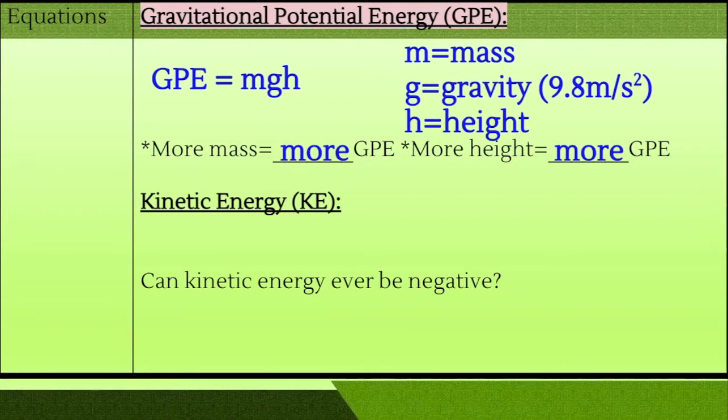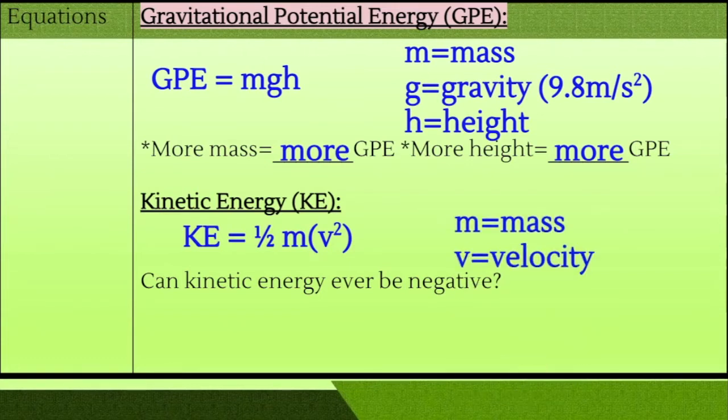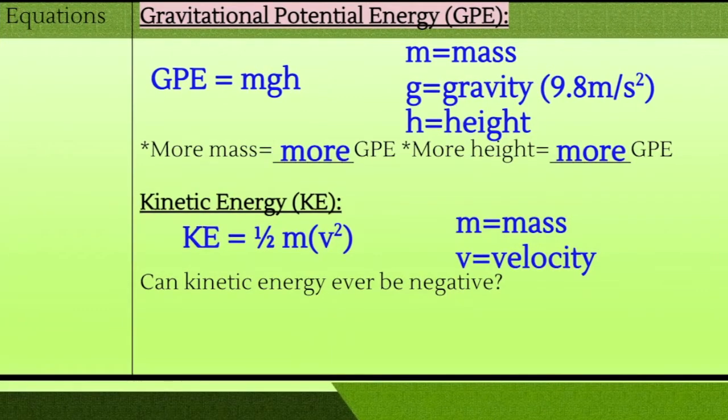Now let's take a look at kinetic energy. Kinetic energy is equal to 1/2 times m times v squared. And again, m just stands for mass, and v stands for velocity. So if we ask ourselves if kinetic energy can ever be negative, we would have to look at the two variables that it depends on.